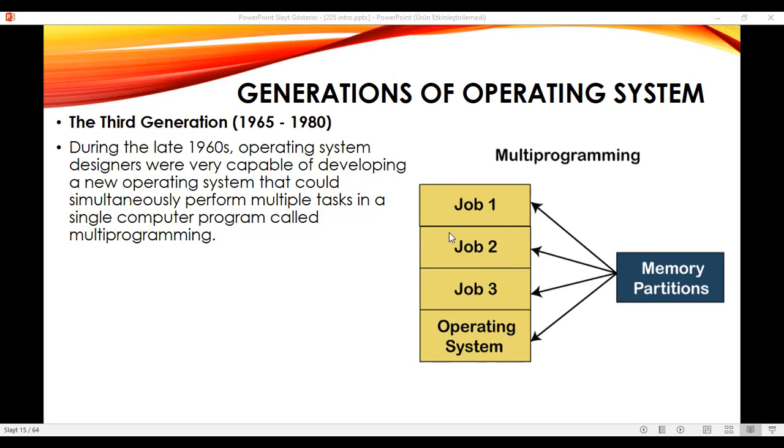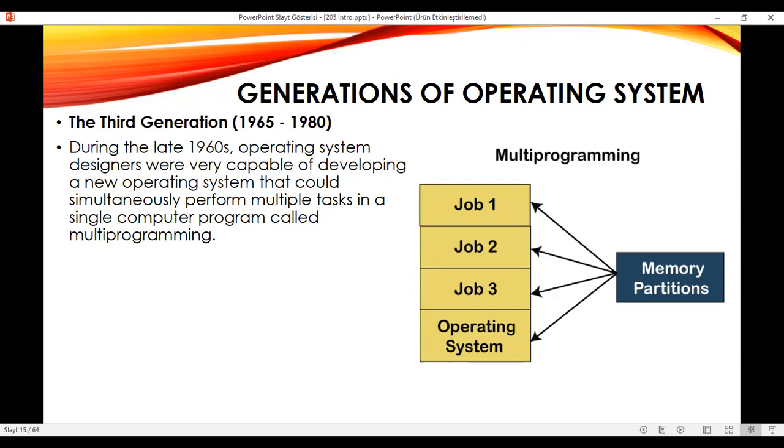Actually, I am only one person. I can ask just one question to one student at the same time. But if someone is not available, I can continue with another student. So this is multi-programming. In the CPU, in RAM, in memory, they started to put more than one job or more than one process.